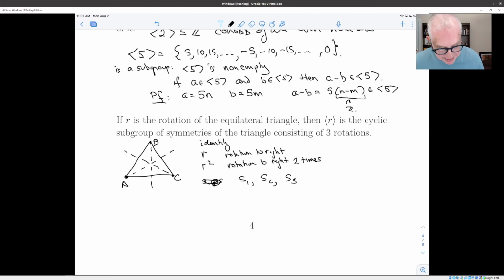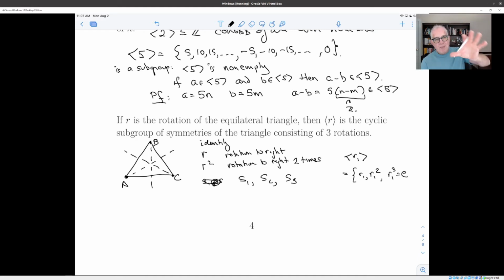And if you take the subgroup just generated by R1, well, that's got in it R1, R1 squared, which is what you get if you rotate twice, and then R1 cubed, but if you rotate the triangle 3 times, you get back to the identity. And then if you keep going to the 4th or to the 5th or whatever, you're just going to go around and around and around. No matter how many times you do these rotations, there's really only 3 different ones.